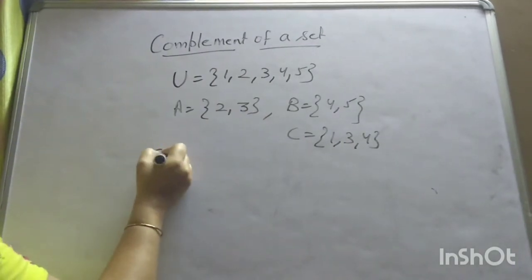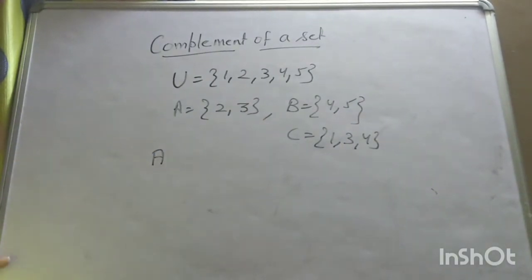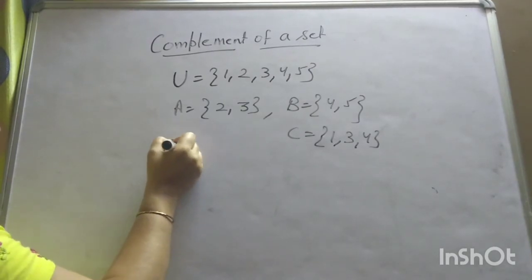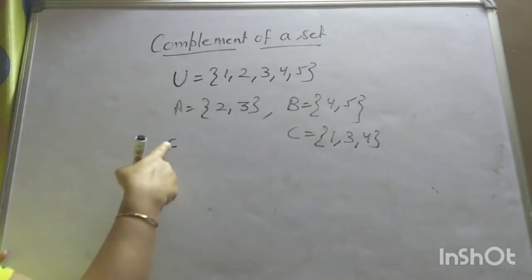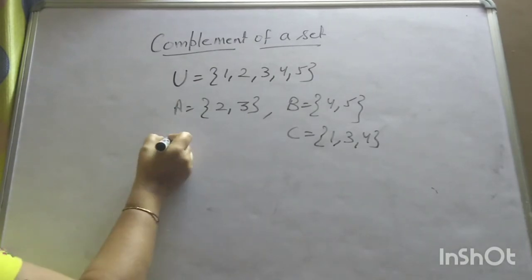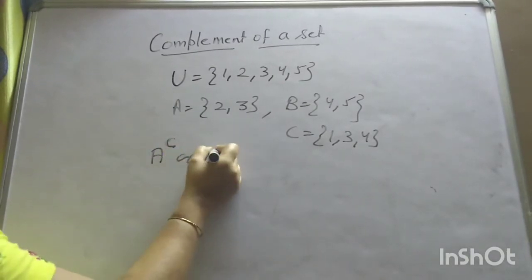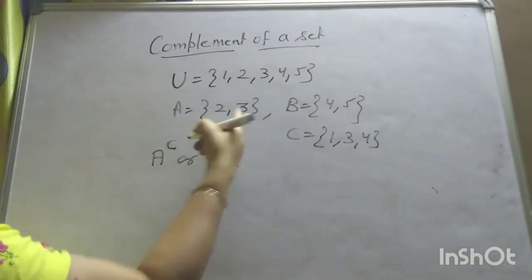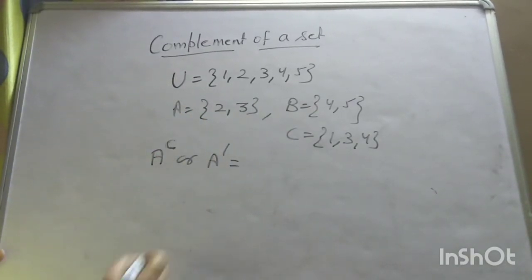Now, what is the complement of set A? For complement, we can write it as A complement, by symbol C, or we can write A dash. So what is A dash or A complement?